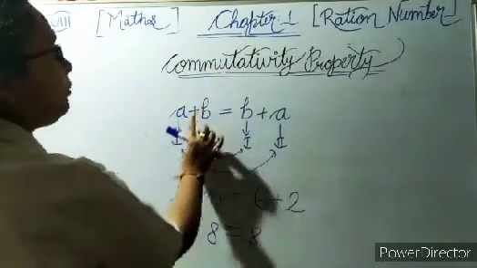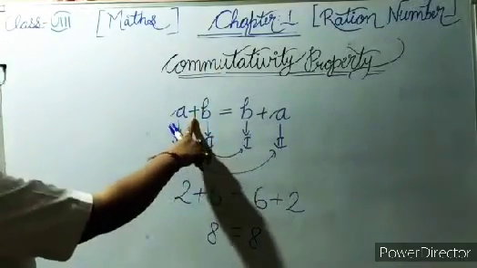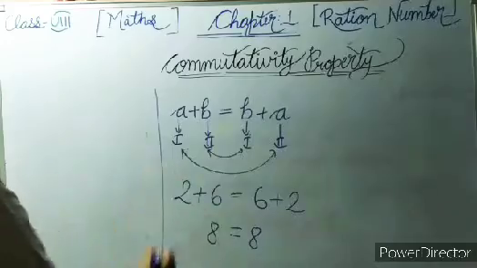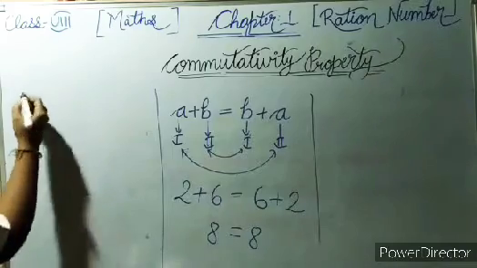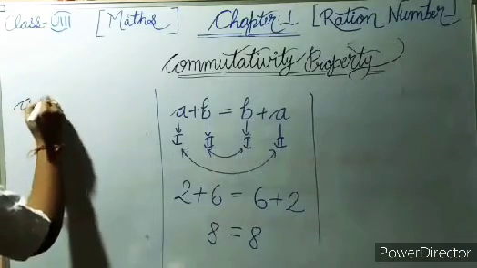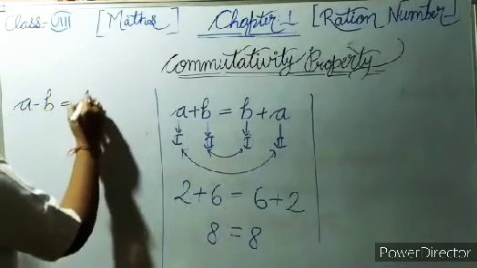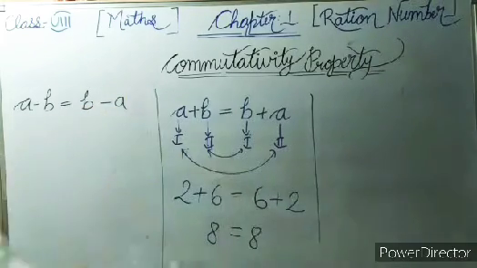Here we see the commutative property of addition. Or if we want to check the commutative property for subtraction, we say if we subtract both numbers and change the order, will we get the same number? Is it true? I think no.